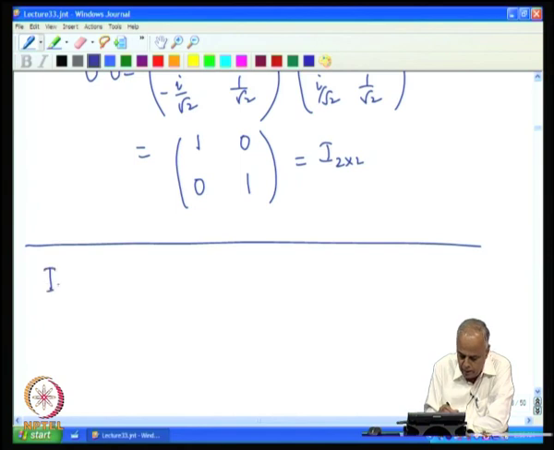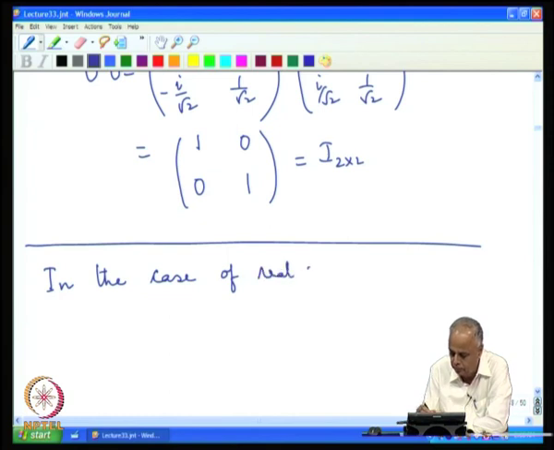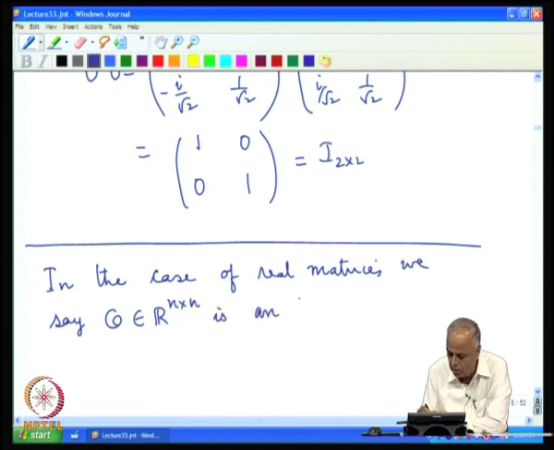In the case of real matrices, we say O belonging to R n cross n is an orthogonal matrix if O transpose O is identity.